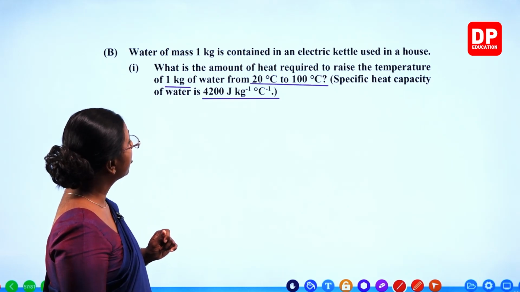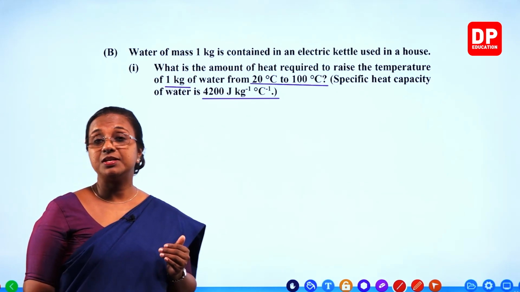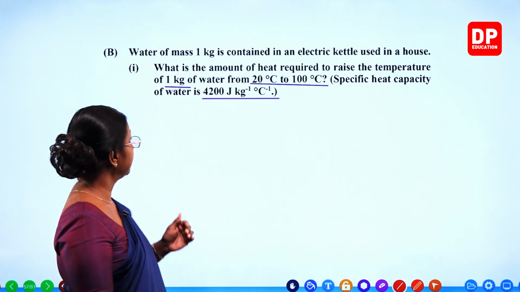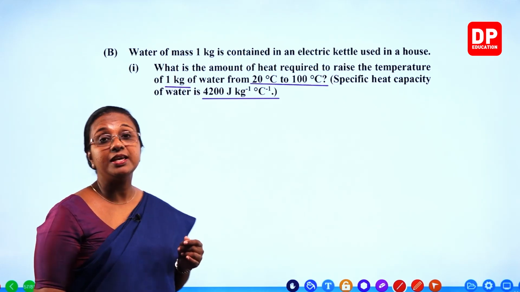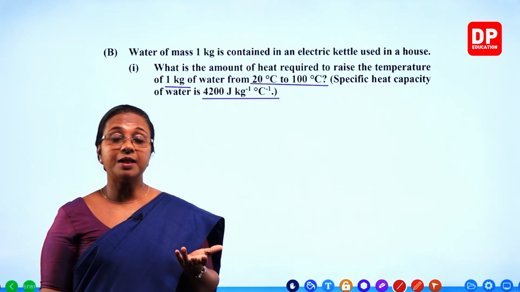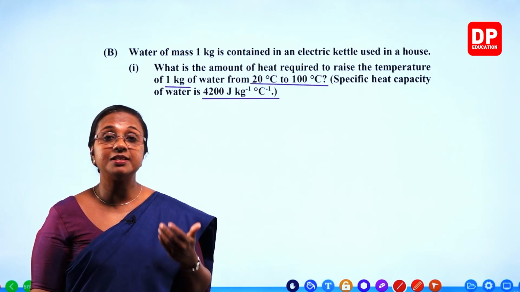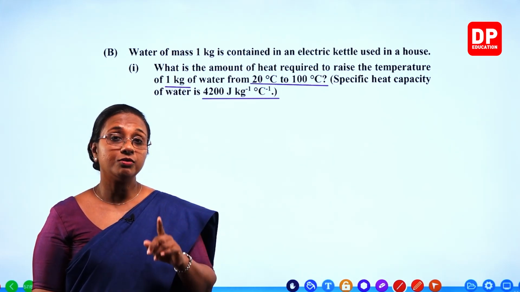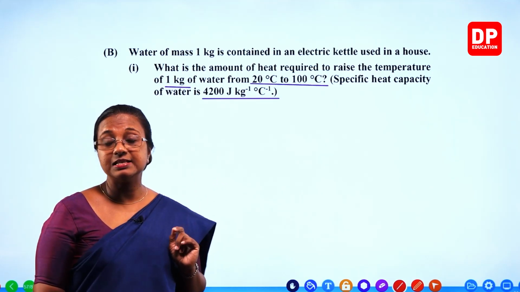So you have the water at 20 degrees Celsius. By providing heat, the temperature is raised to 100 degrees Celsius. The mass of water is 1 kilogram. Then specific heat capacity. What is specific heat capacity? The heat that should be provided to increase the temperature of 1 kilogram of a substance by 1 Kelvin or 1 degree Celsius here.